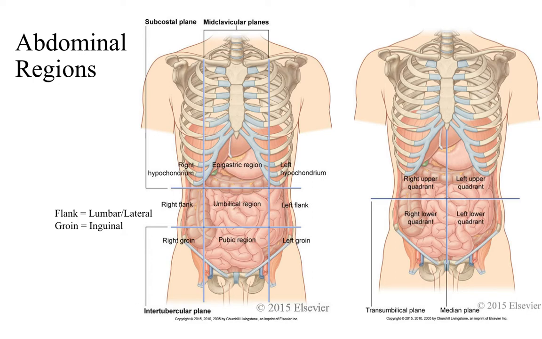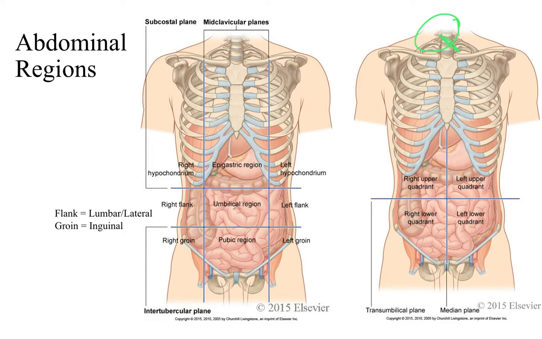So the abdomen can be divided into regions as you're looking at it from the anterior side of your patient, if you will. All right. The first way we can divide it is into quadrants. The quadrants are here on the right.